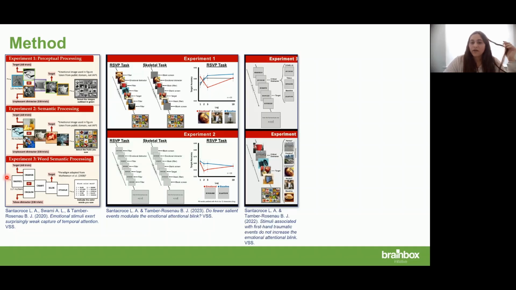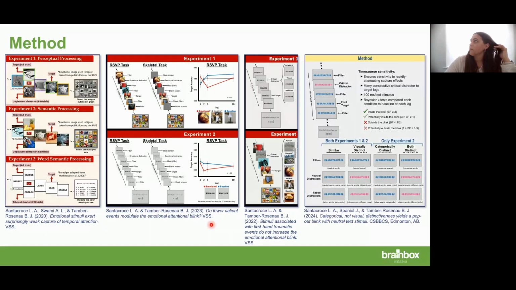Okay, so for this one, the category of the different distractors is what mattered the most, so I made sure to make those very big and obvious. And again, speed was less important. And here, again, the categories mattered the most, which is why I highlighted them down here. I labeled them E1 versus E2, which I'll talk about in a bit. Also, for this one specifically, my time course sensitivity mattered.